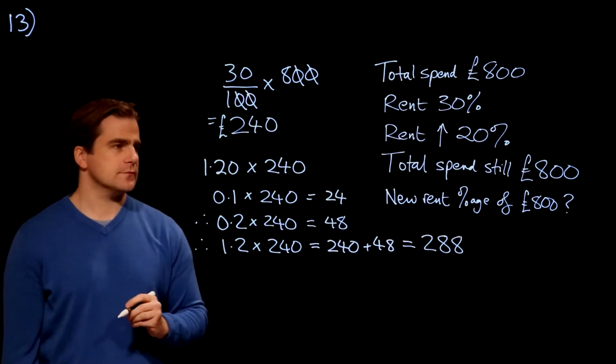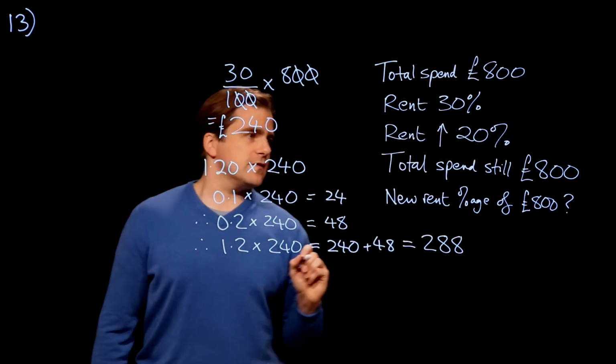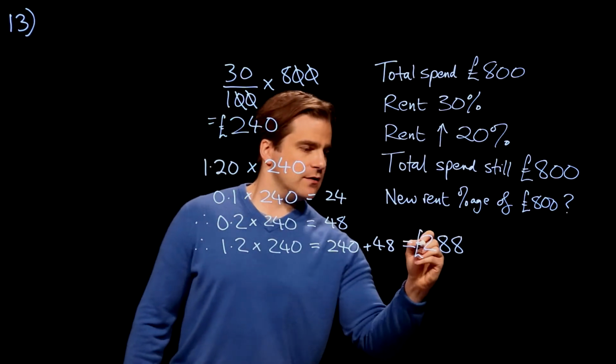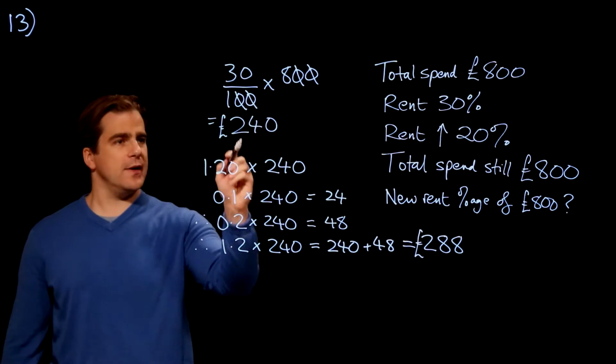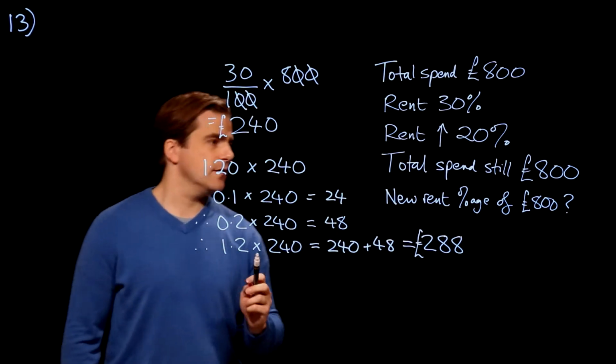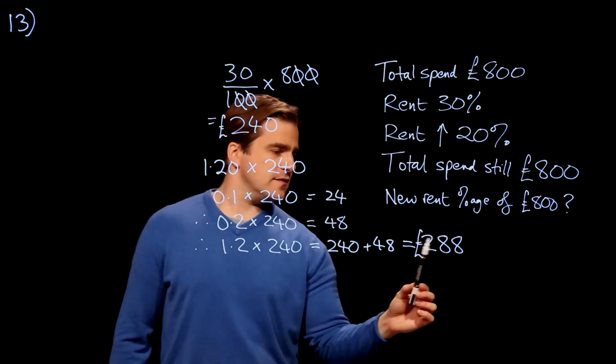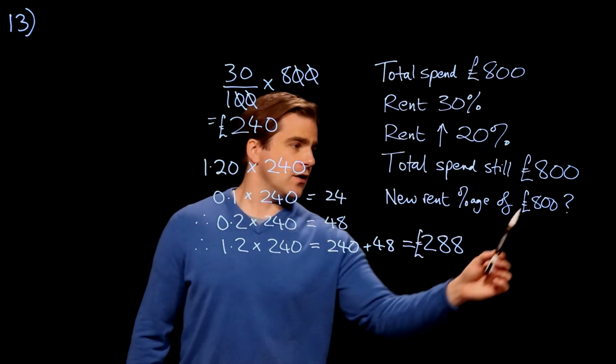So, after his rent's gone up 20%, he's now paying 288. He was paying 240, now it's 288. He's still spending 800, and we have to work out what percentage 288 is of 800.